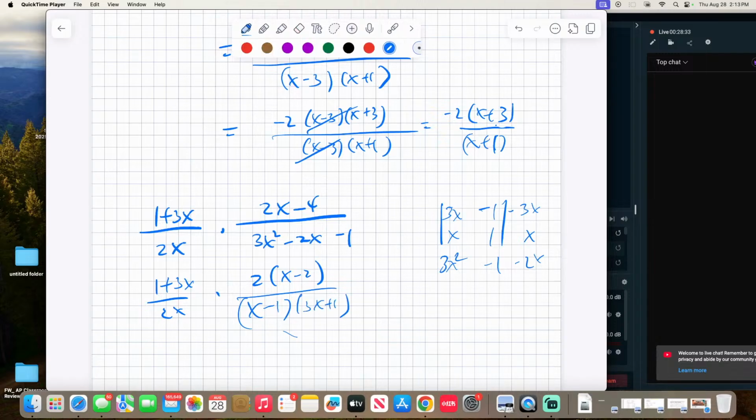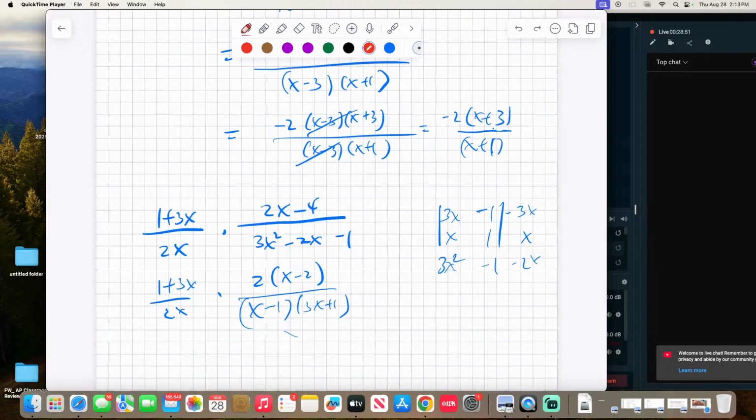Is there anything I can simplify here? You don't see anything? I see something. 3x plus 1? Good. I can simplify this one and this one, just in a different order, because I can rewrite it as 3x plus 1 on that one, right?